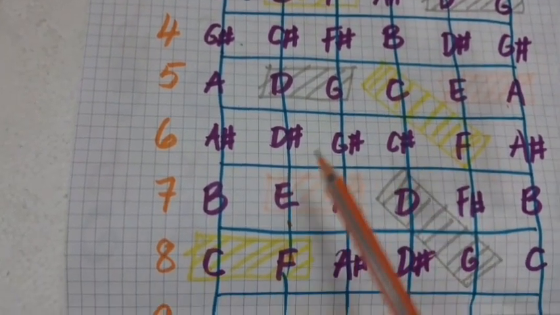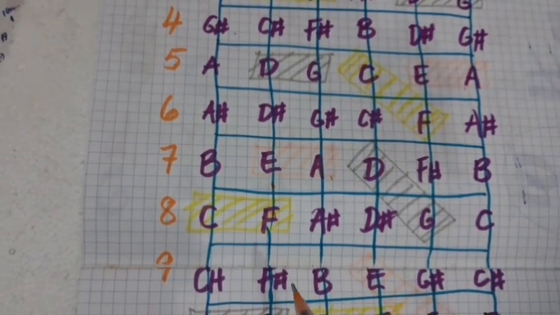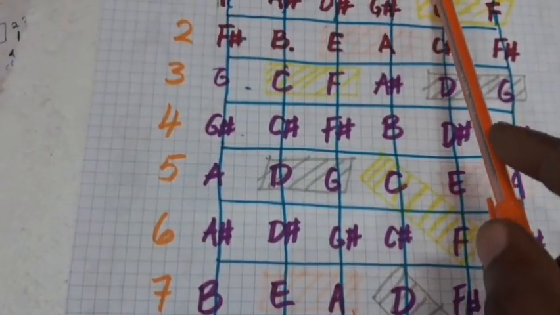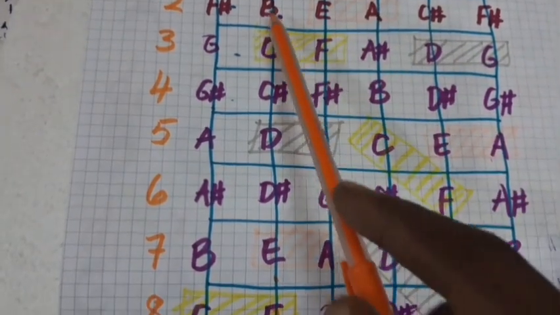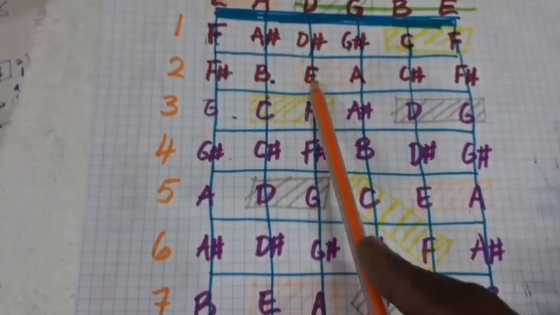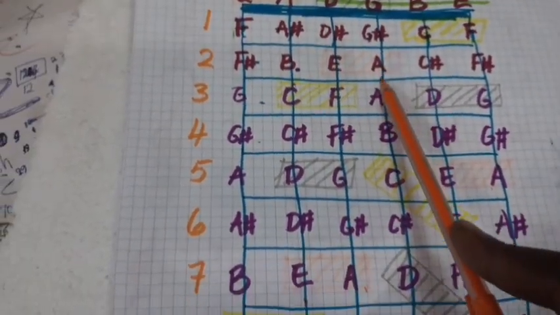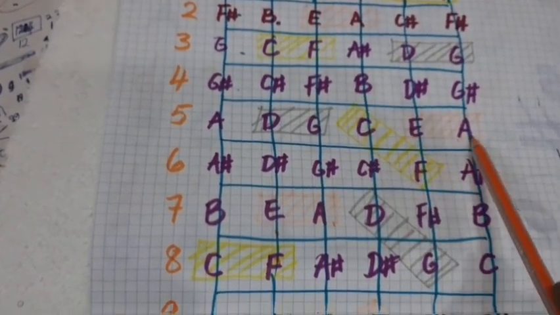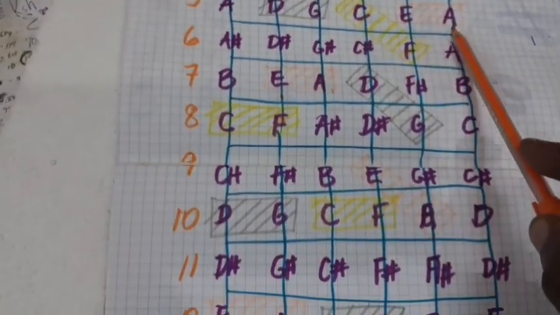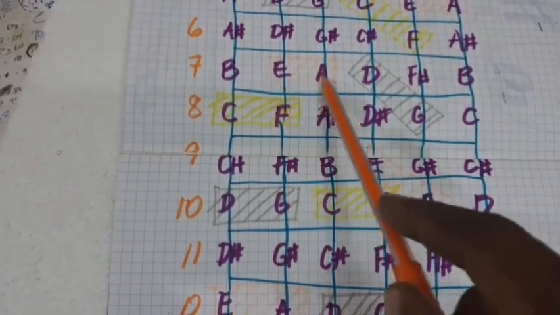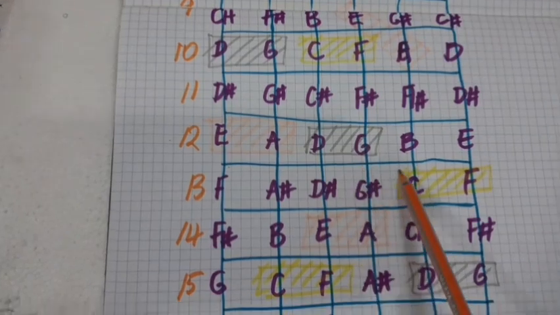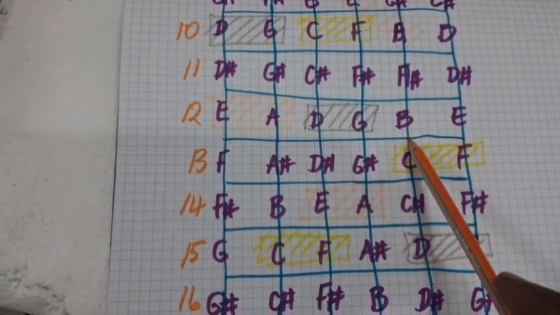There are many. Let's look at something like B, E, A. That is one. B, E, A. B, okay.